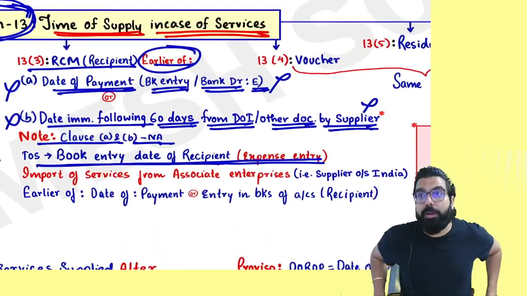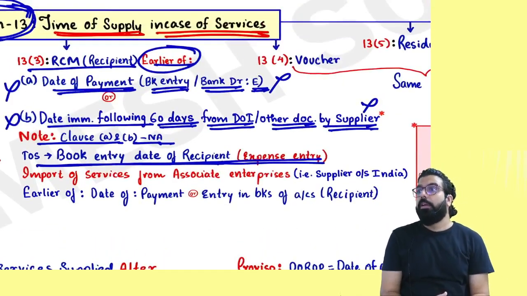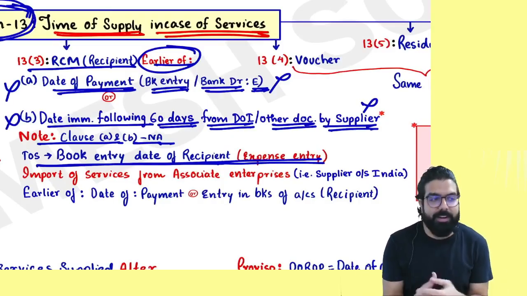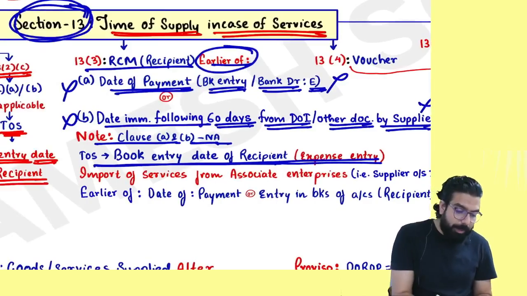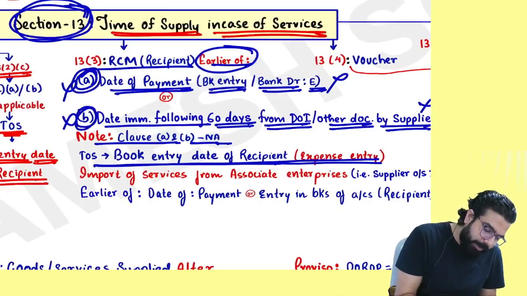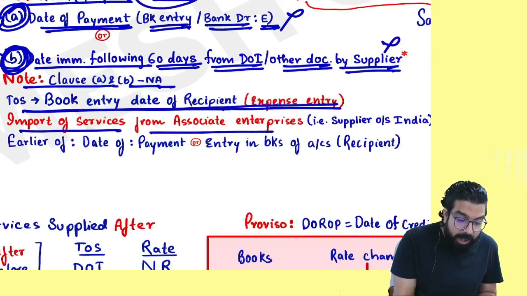Everyone listen. Generally, in importation of service, do you have to pay GST under RCM? Yes. Which clause will be applicable? General clause only, this one. But if you import services from whom?